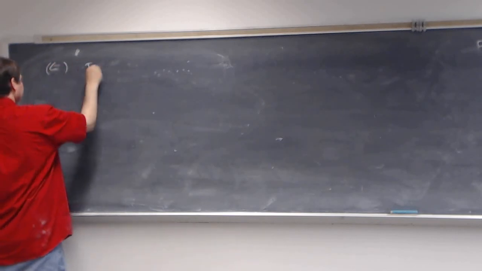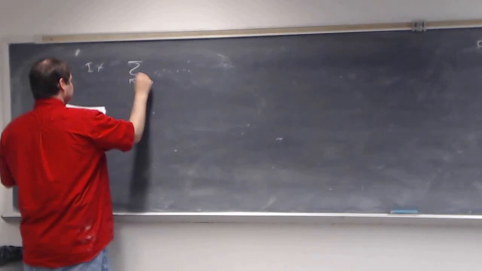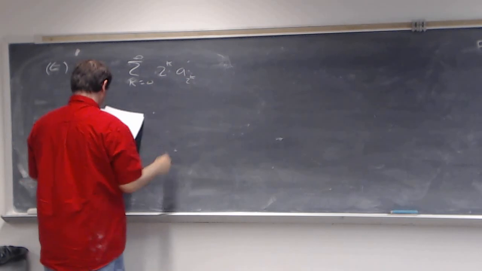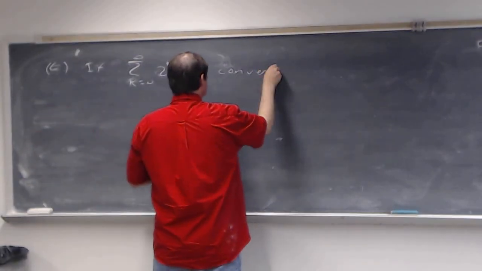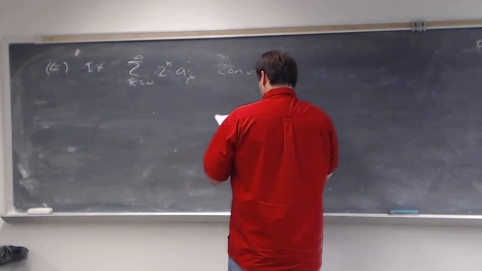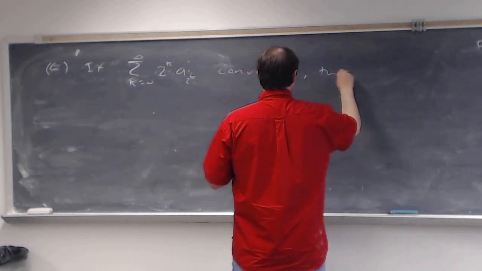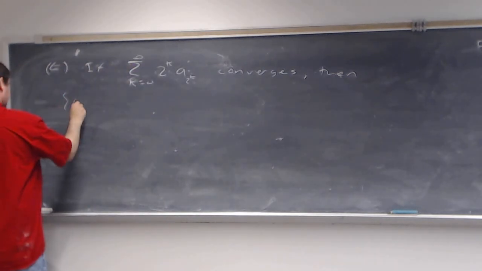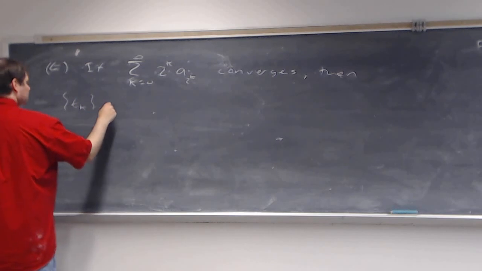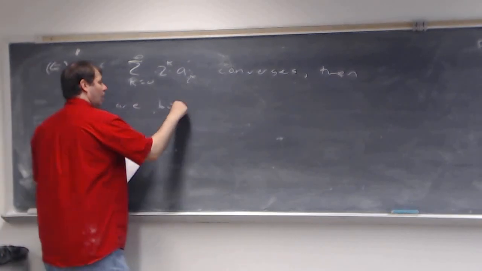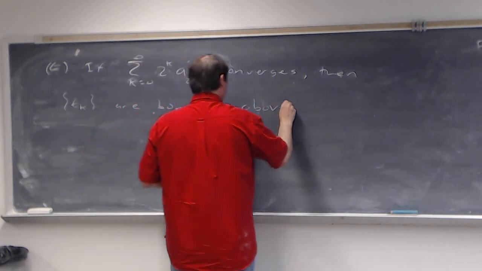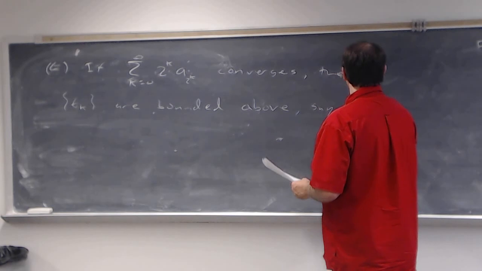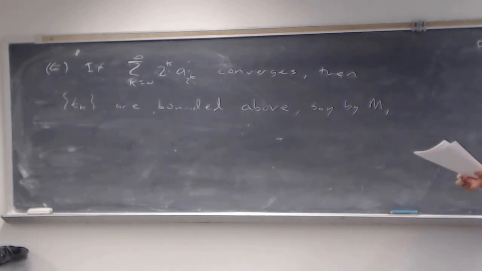If the sum as k runs from 0 to infinity of 2 raised to the k times a sub 2 raised to the k converges, then the sequence of partial sums, t sub k, are bounded above, say by m sub 1.